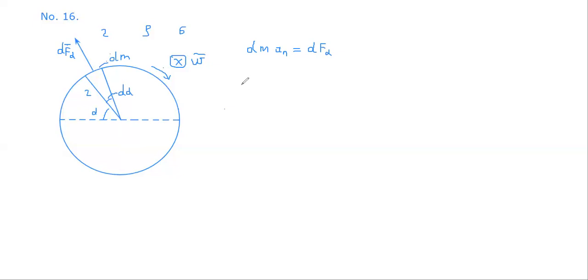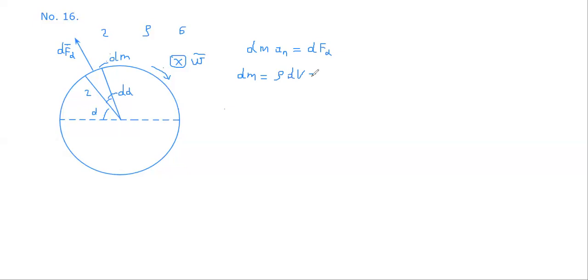So we can write that dm is equal to the density rho multiplied by volume dv. Volume dv is the volume of this infinitely small part of the ring dm.